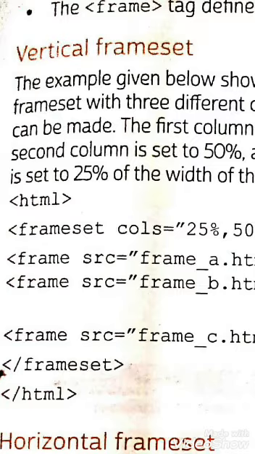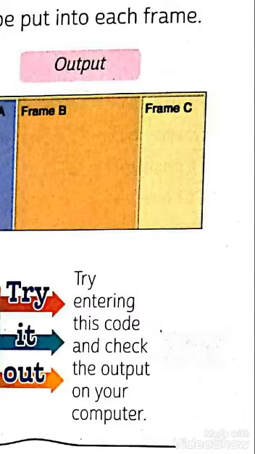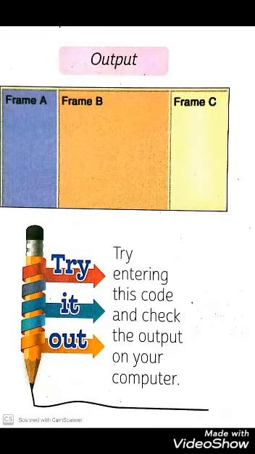So SRC equal to again frame b dot html, then SRC frame c dot html, because here we are giving 3 columns, that's why we are writing a dot htm, b dot htm, c dot htm. A is for the first frame, B is for the second frame, and c dot htm for the third frame.